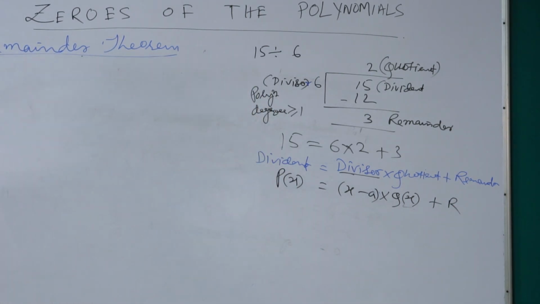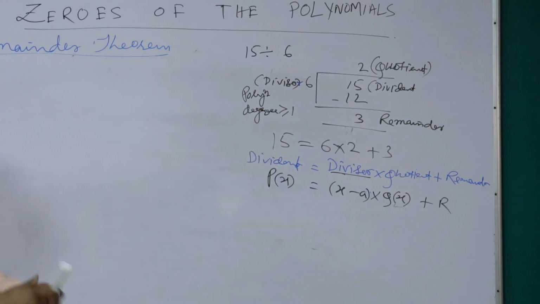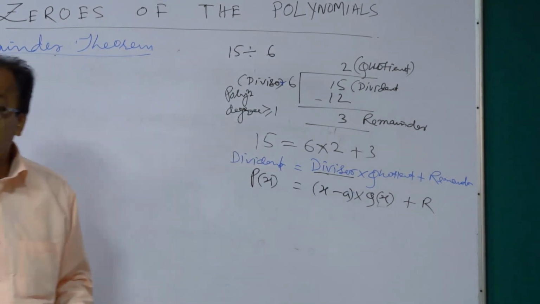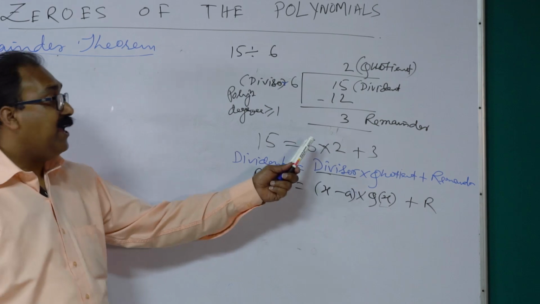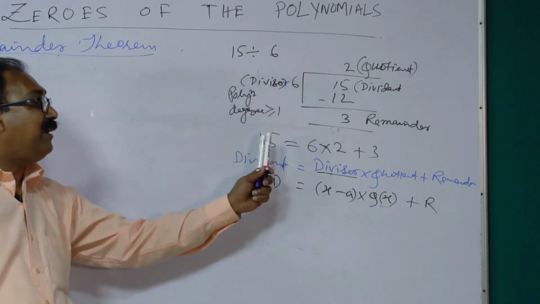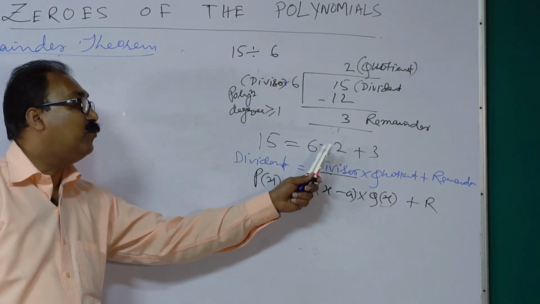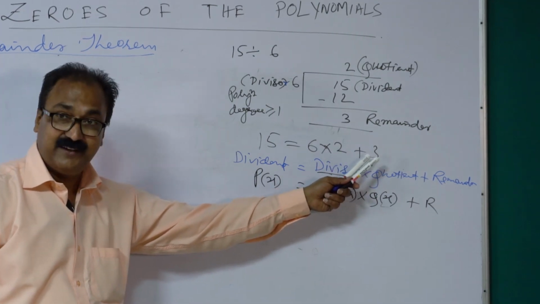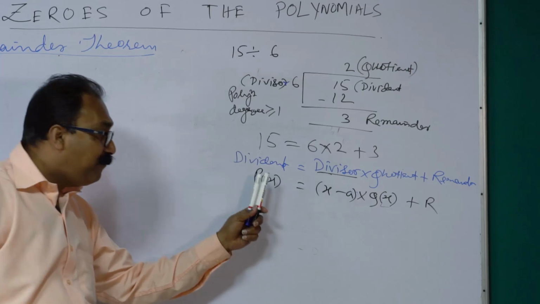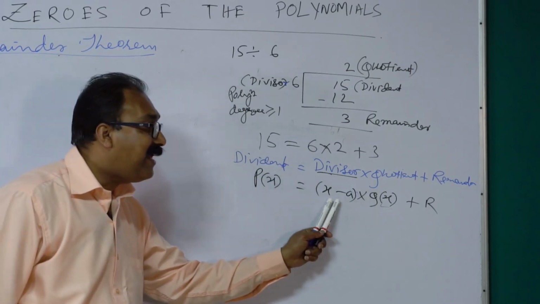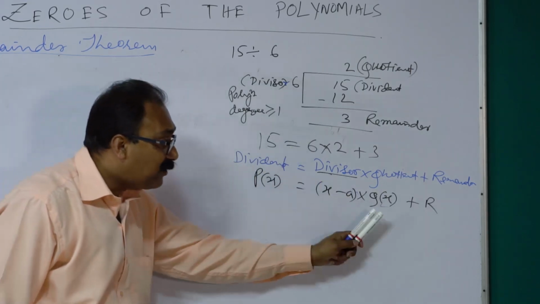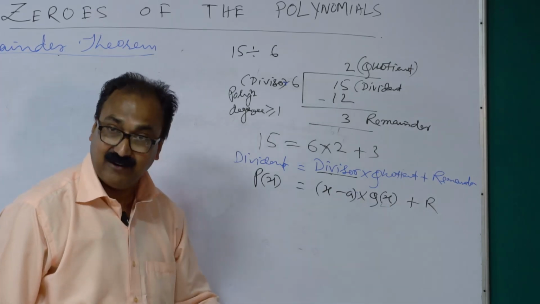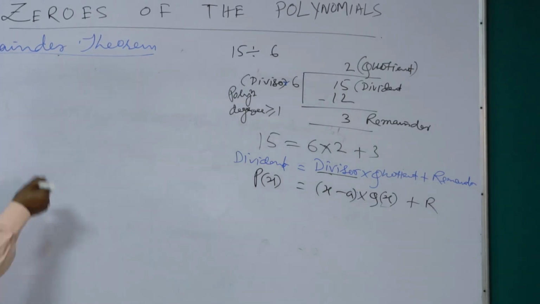So what is the remainder theorem? If I explain in words how we have to do it: if 15 is divided by 6, we get quotient 2, remainder 3, isn't it? Like here, if p of x is divided by x minus a, we get quotient q of x and remainder r. Okay? So look at here, how to write?